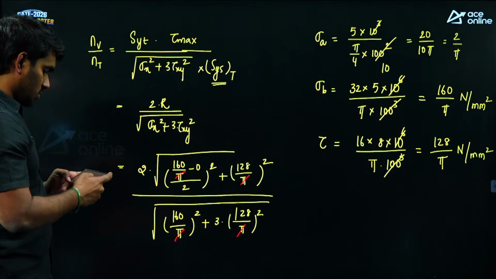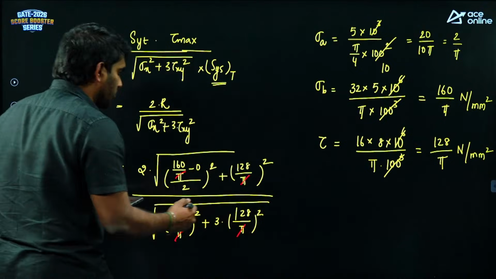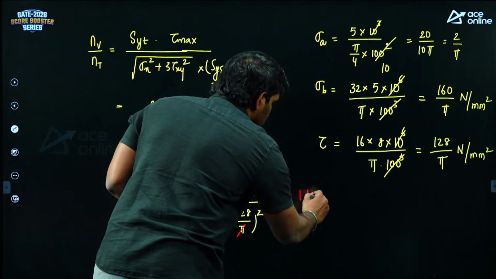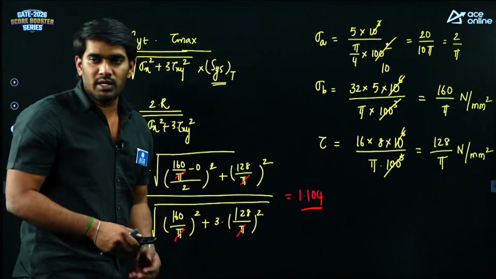This is in root. It comes out as 1.104. So somewhere this value comes out as 1.104.